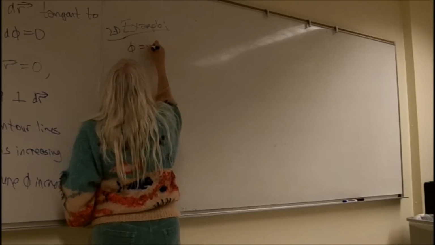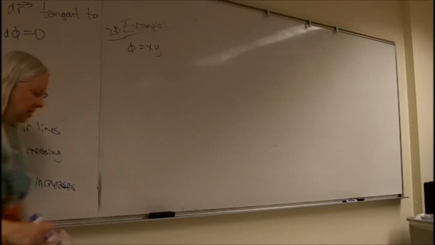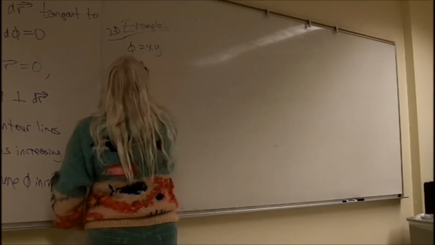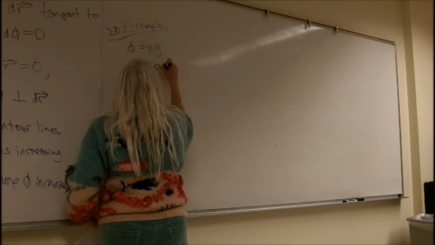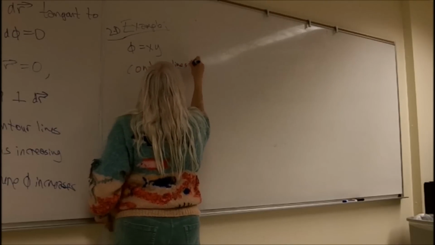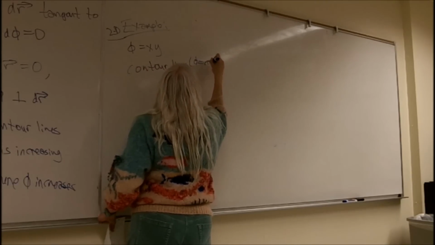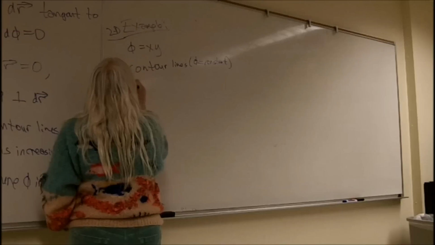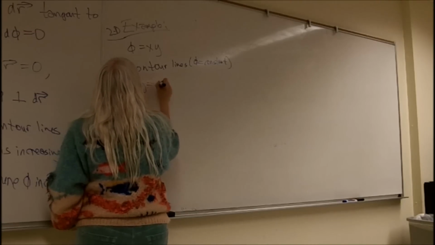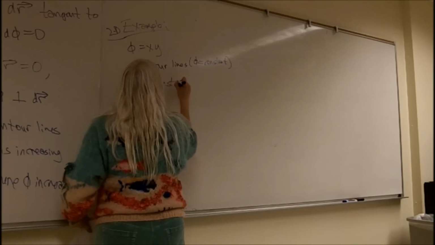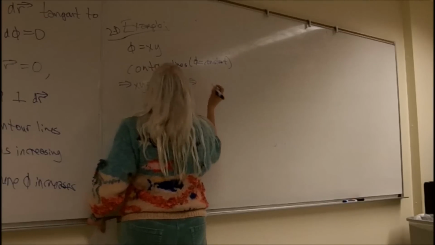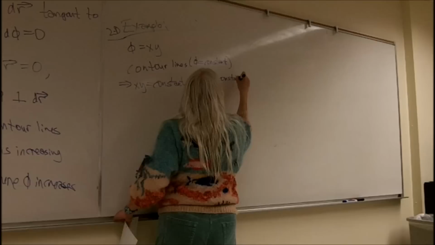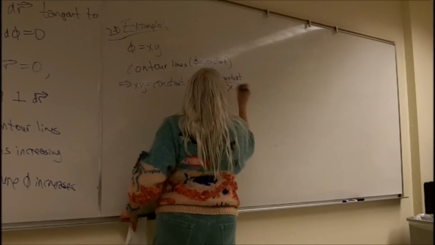Let's say we have a scalar field phi that is equal to x times y. So if I want to draw a contour map of this, for phi to be a constant means that the product of x times y is a constant, which, if I solve for y as a function of x, means that y would be equal to that constant divided by x.